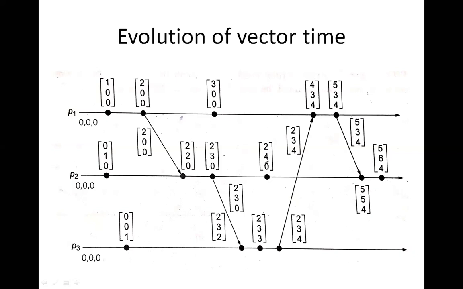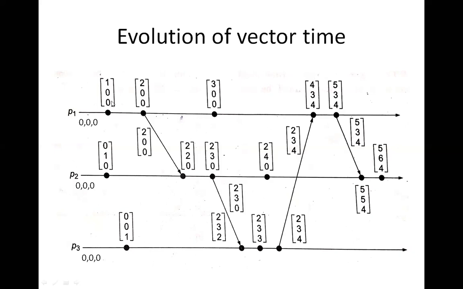Since it is the fifth event, this 4 will be updated to 5. And out of this 0 and 4, we take the maximum, so it will become 4. And the next event which is happening in the process P2 will automatically, since it is 5, 5, 4, keep the first 5 as it is, update the second 5 to 6, and 4 will remain as it is. So this is how the vector time is being evaluated.